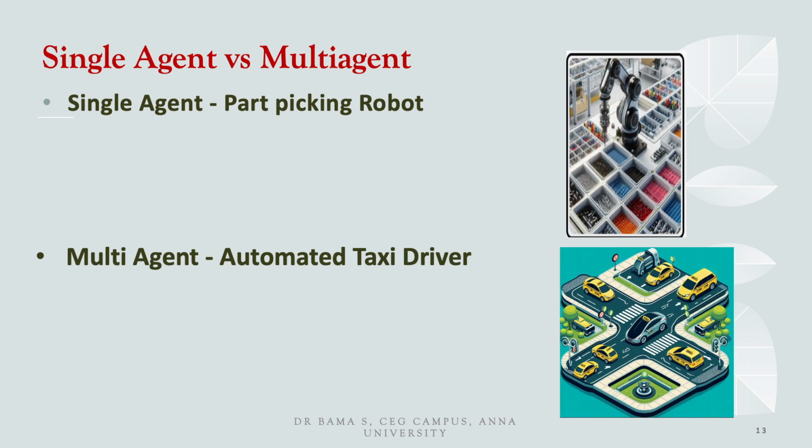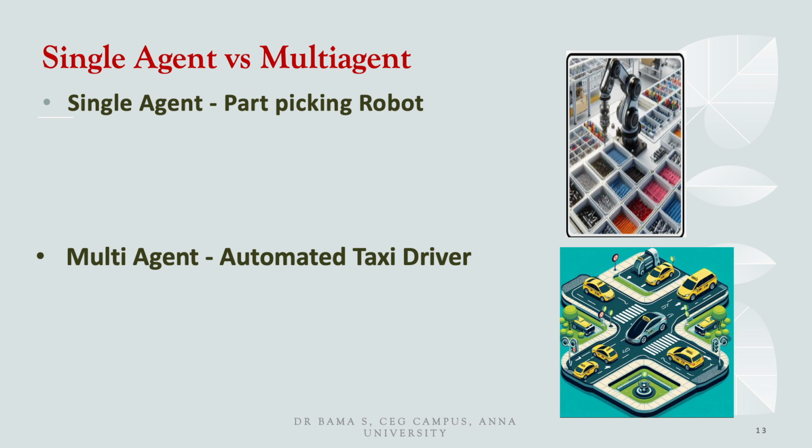The second type of property is single agent versus multi-agent. In the single agent case, the example again I have taken is a part picking robot, where only one agent is required. If there were multiple agents, they would sort differently, but here it is only a single agent doing one particular task.